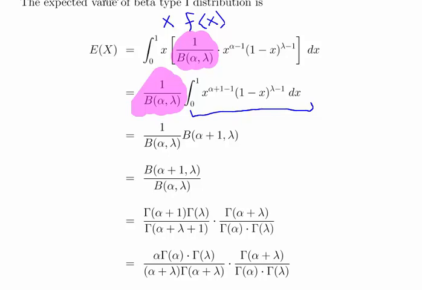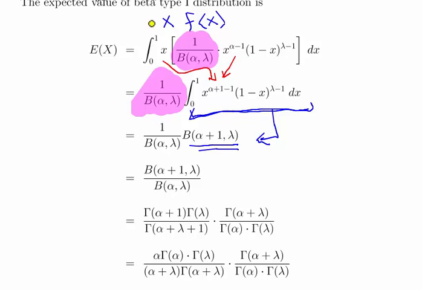Just remember this x here comes into it, and that term there, we can combine them into x to the power of alpha, x to the power of alpha plus 1 minus 1. That makes clear that this integral can be written as a beta function. So it's beta of alpha plus 1, lambda.